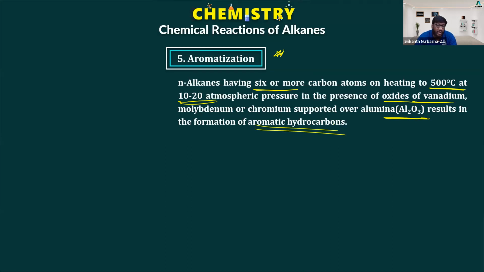And the mechanism is not required. That includes the breaking of the C-C bonds as well if required, and formation of pi bonds is going to happen. These all reactions will happen at high temperatures.